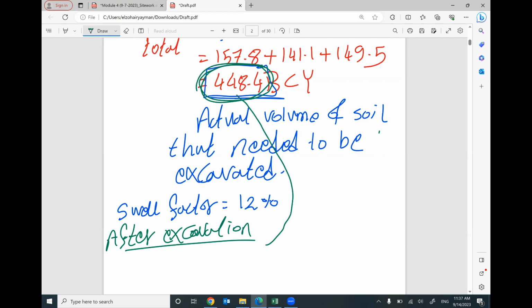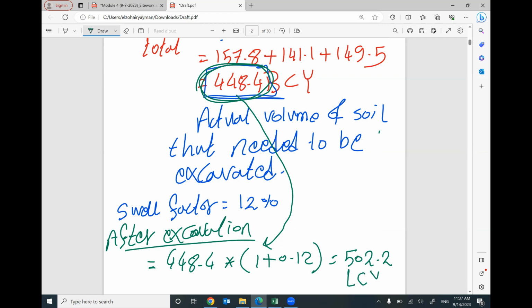This volume of soil after excavation will be 448.4 times 1 plus 0.12. That makes sense? So after excavation, this number will be 502.2, and this time will be loose cubic yard.